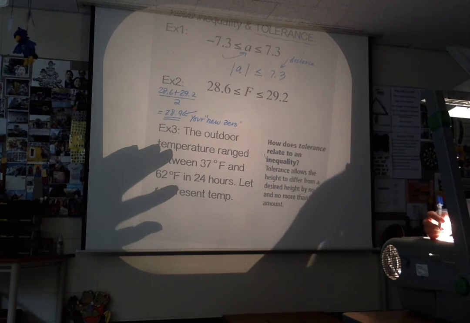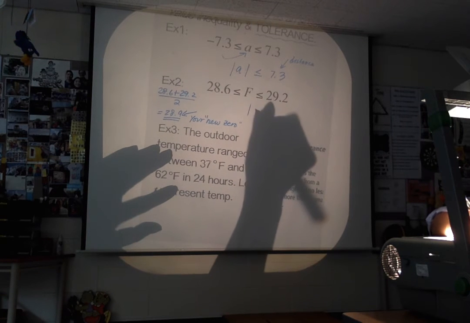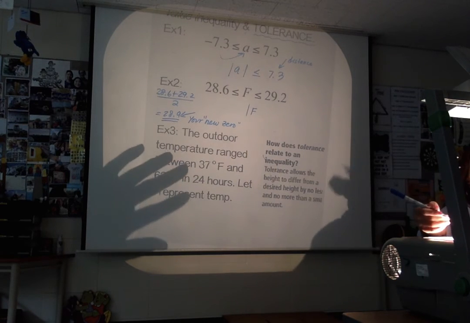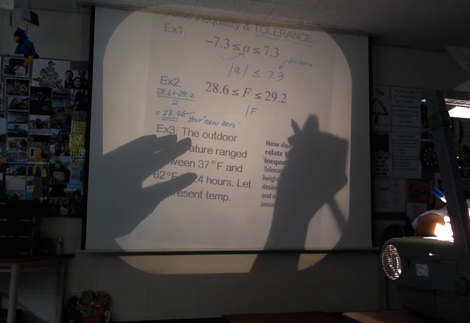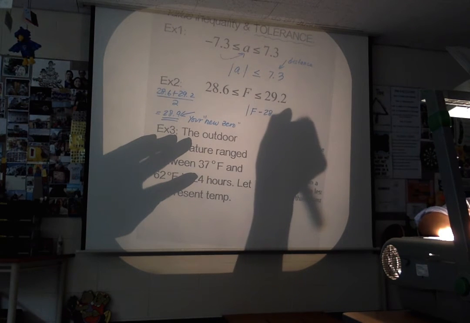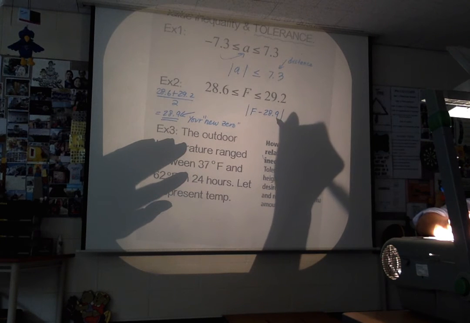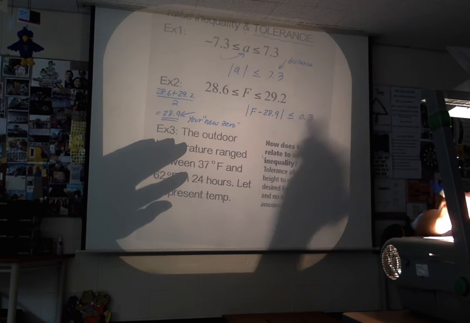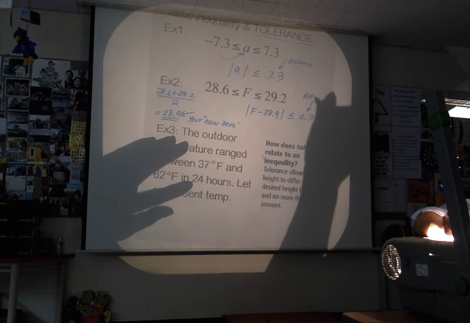So that means we have this F. We'll call it Fahrenheit, okay? We'll call this F. We have this new middle, but we know whatever we do to it, it's going to be within 0.3. This is the distance.